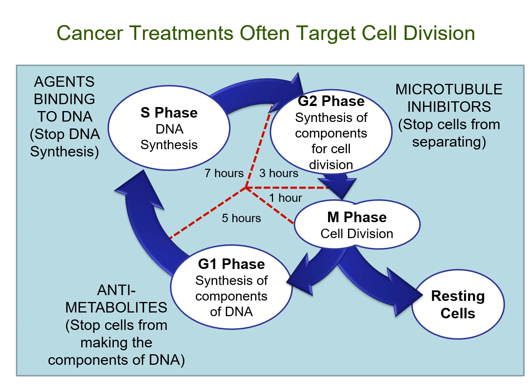When it comes to fighting cancer, typically what we're doing is we're attacking cells that are dividing rapidly. Cancer cells are dividing more rapidly than the rest of the cells in your body, for the most part. So we could use agents that bind to DNA and prevent DNA synthesis. That would shut down division.